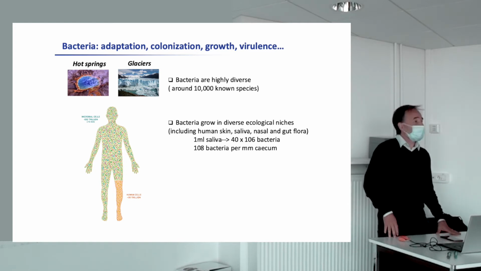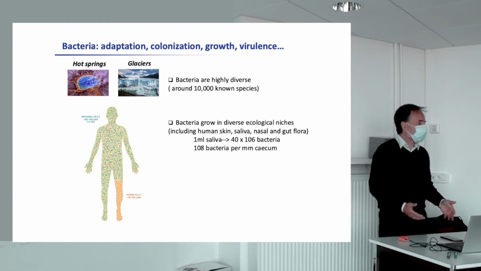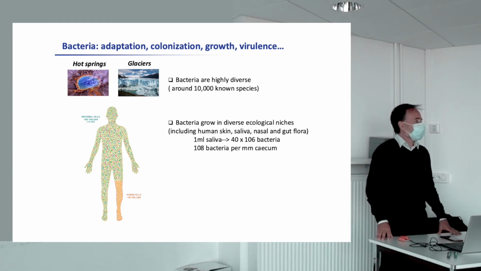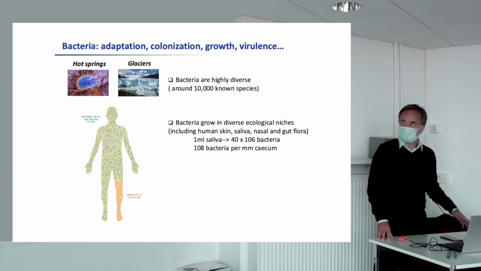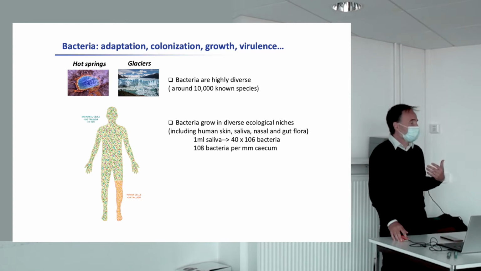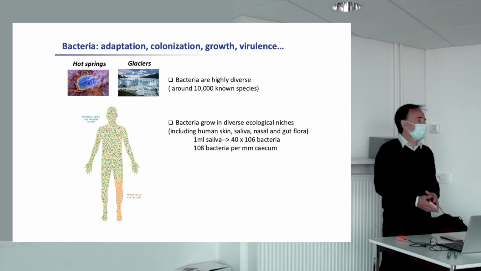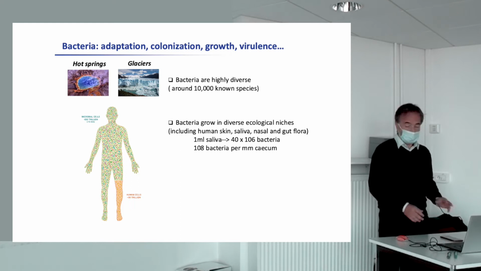And this is very important when a pathogenic bacteria or an opportunistic pathogenic bacteria, for example, has to colonize the host, that can be an animal or human host. And we know, for example, that in our body there are more bacterial cells than human cells. Sometimes they are commensal, sometimes they can become pathogenic.